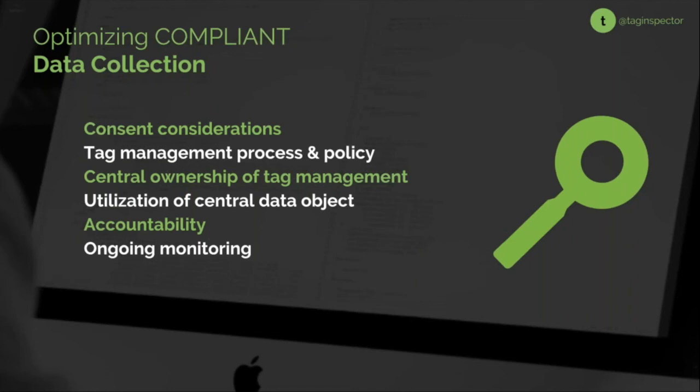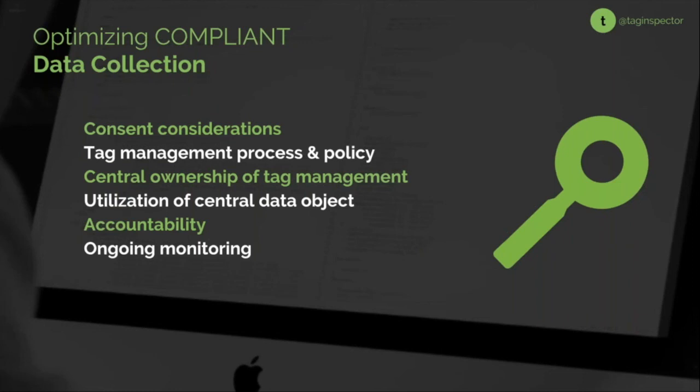How do we optimize user experience as it relates to consent? Because the more consenting users that we have, the more data we can collect and the more of a competitive advantage we're going to have over those other organizations that have a poor consent experience, aren't collecting that data, or collecting it in a non-compliant way.